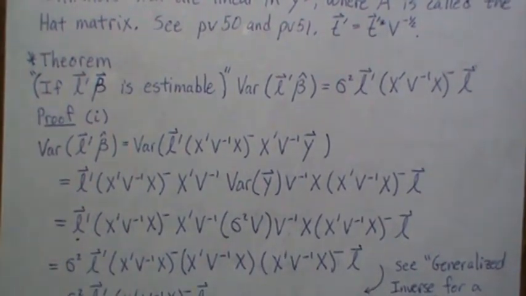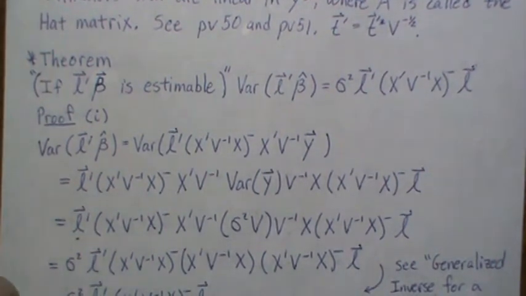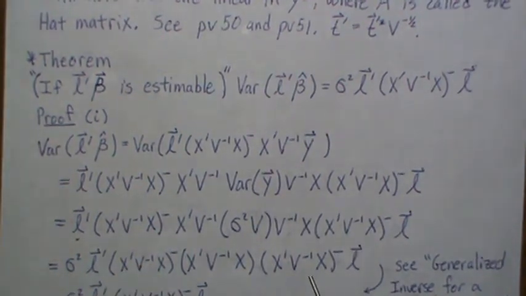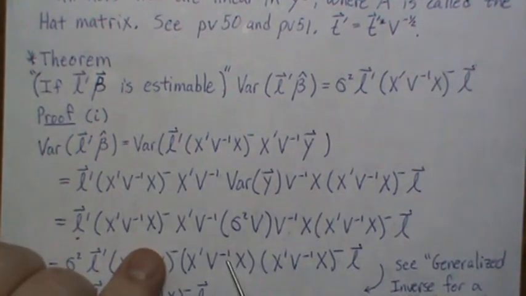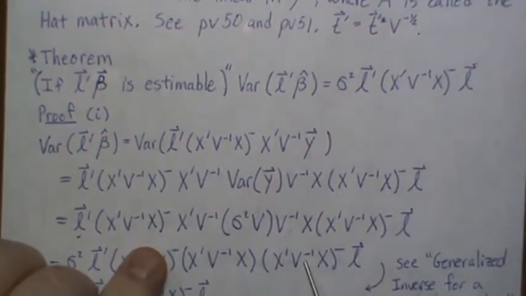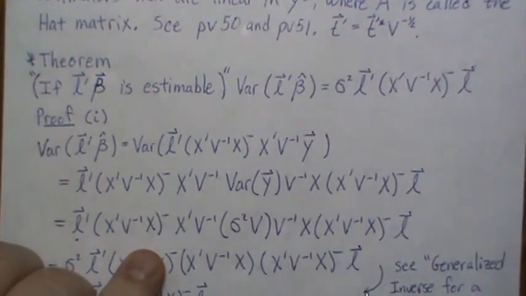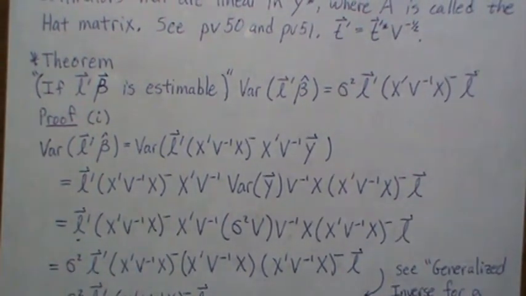Okay. So now this is almost a property of a generalized inverse. Now here it's the generalized inverse, that matrix, the generalized inverse. And that's actually not the definition of a generalized inverse. It's close. It's the definition of what's called a one inverse, where the matrix times the generalized inverse times the matrix is equal to the matrix itself.